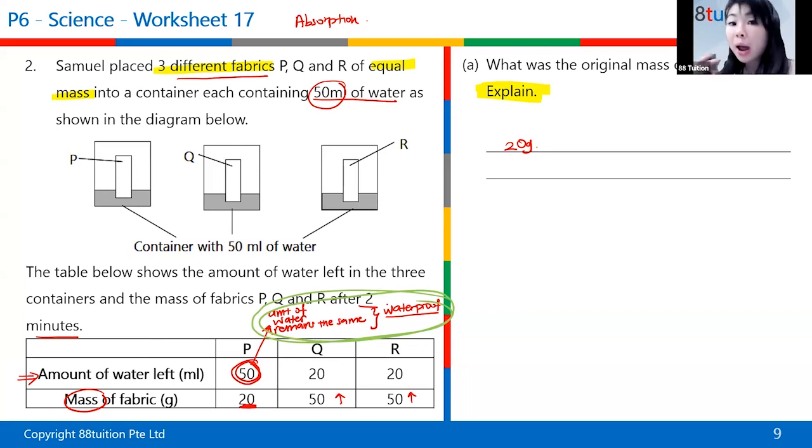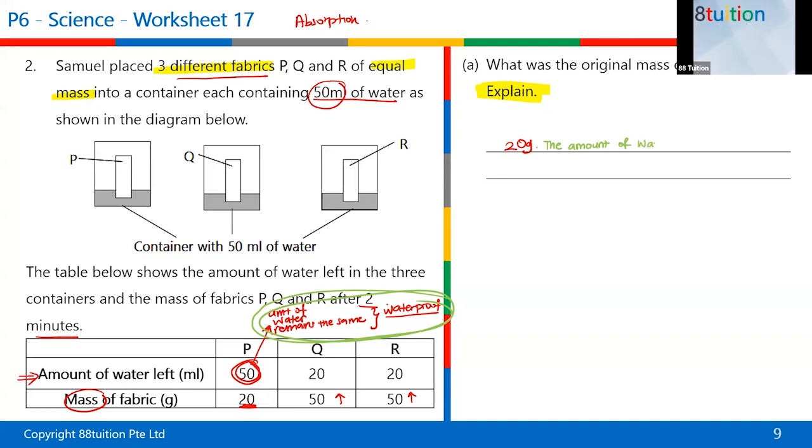So I'm going to mention what I see in the diagram, what I see in the table. The amount of water. I'm teaching you all how to answer questions like this, so you all need to take note, okay? Start off with the evidence.